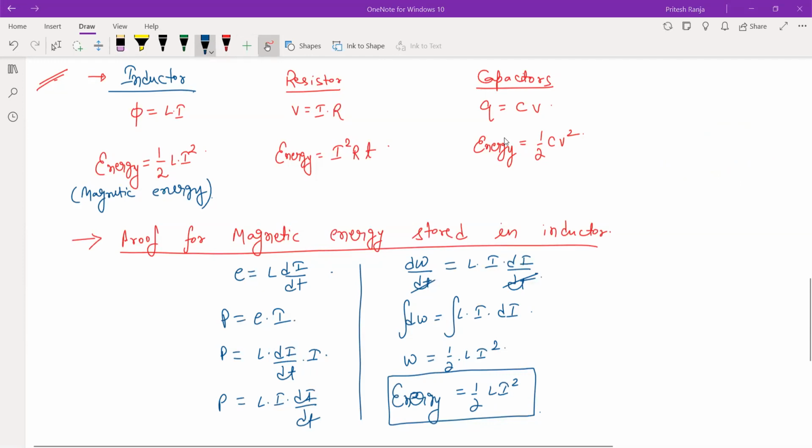Can you understand this now? Yes, this half Li square is valid for solenoids.